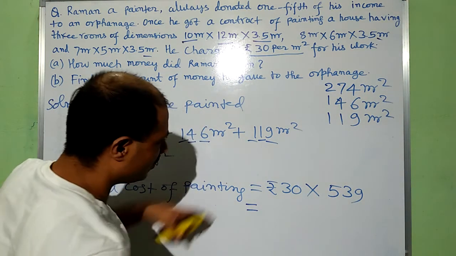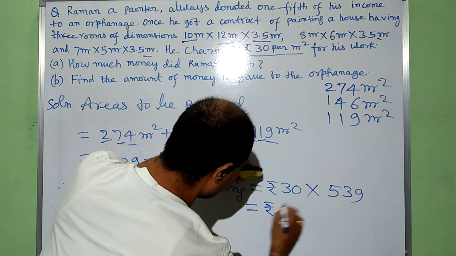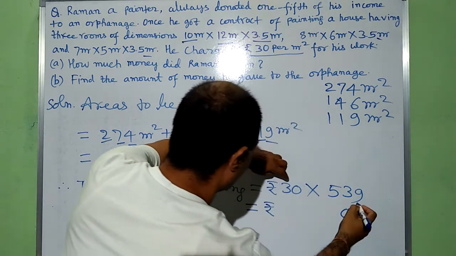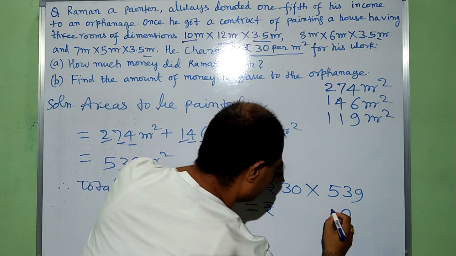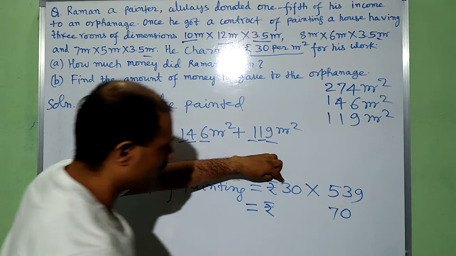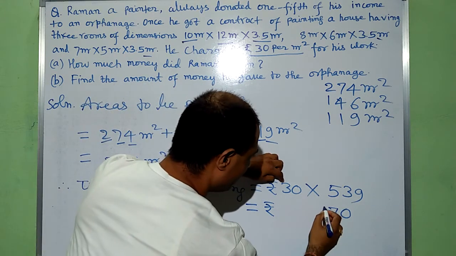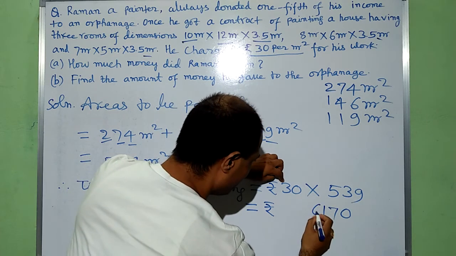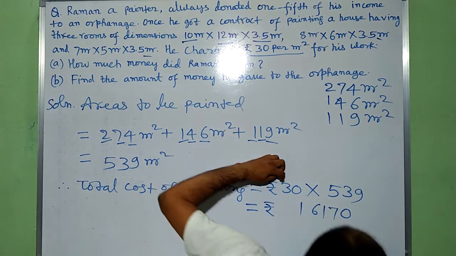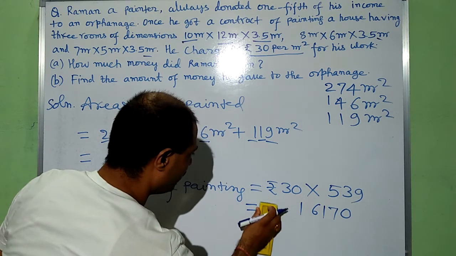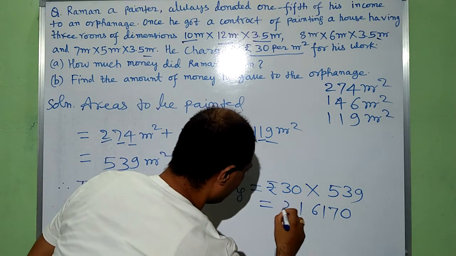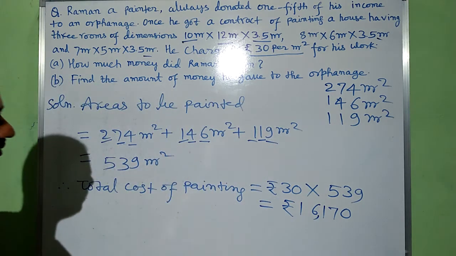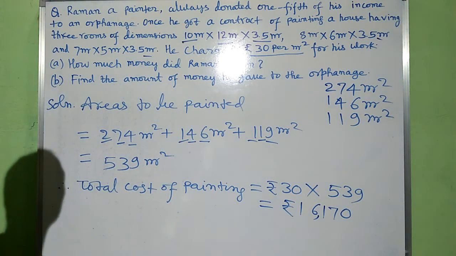Now we have to find its product. 539 into 30 gives us rupees 16,170. This is total cost.